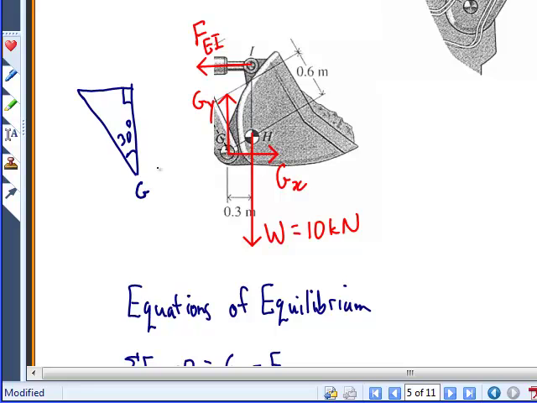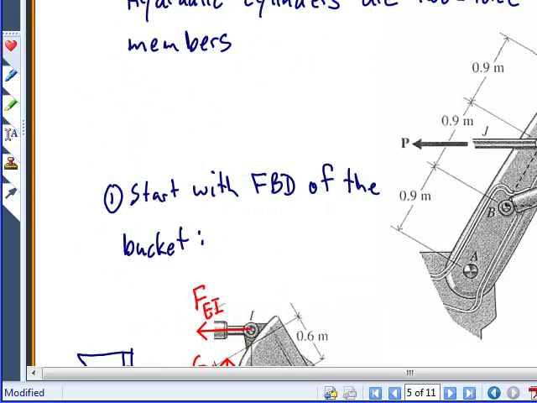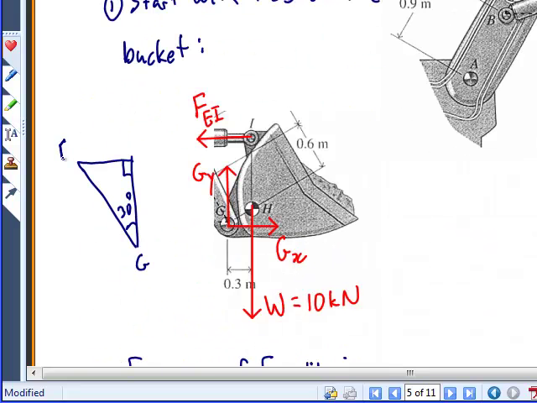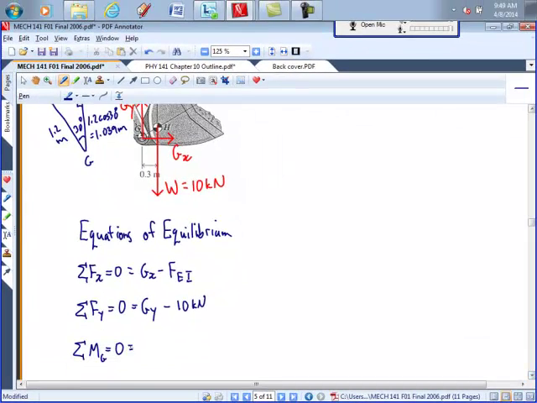This is G, this is E, this is I, and this is 1.2 meters. So to find this distance, it's going to be 1.2 cos 30, 1.039. So this is going to be 1.039 meters times FEI.